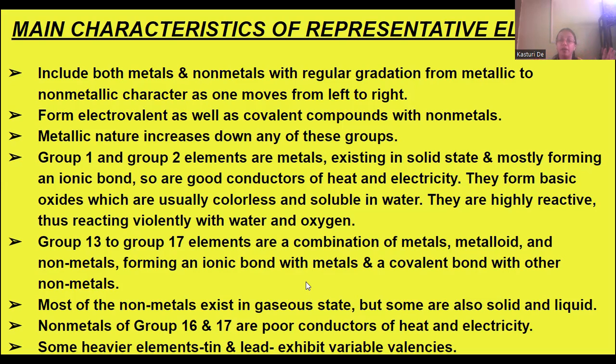Most of the non-metals exist in the gaseous state, but some of them also exist in the solid and liquid states. The non-metals of group 16 and 17 are poor conductors of heat and electricity. Some heavier elements like tin and lead exhibit variable valencies.